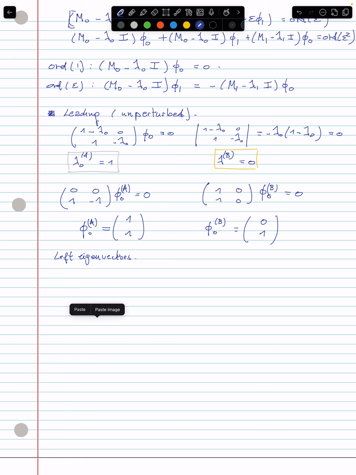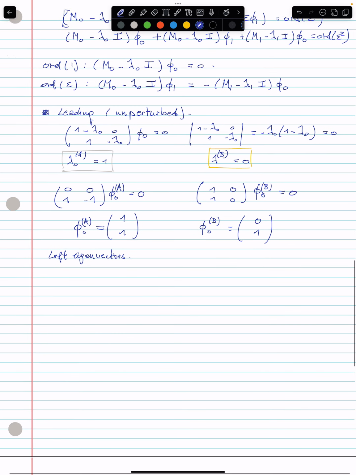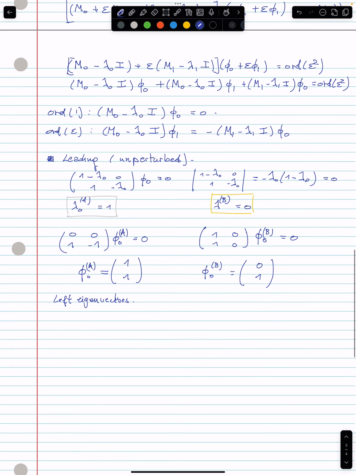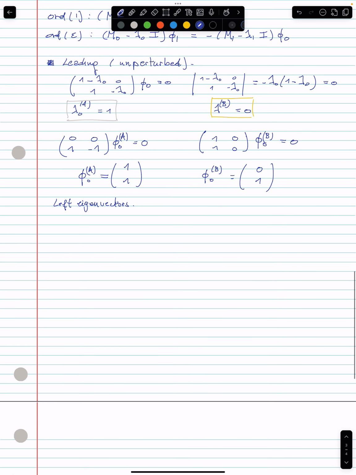And so we have the same problem here, except that we want to write, let me just call them psi, for instance, psi 0a transposed. It is a left eigenvector multiplied by 0, 0, and 1 minus 1. And this should be equal to 0.